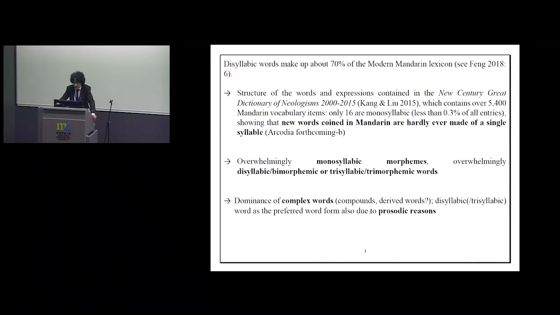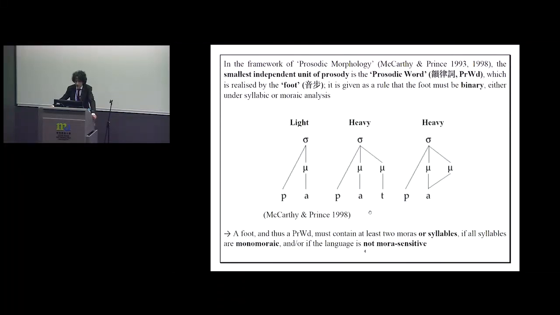And there are many reasons for why words are like this, but one very important one, which will become even more important in connection to what happens in Yue dialects, is that there are also basically prosodic reasons for having these many disyllabic and trisyllabic words.